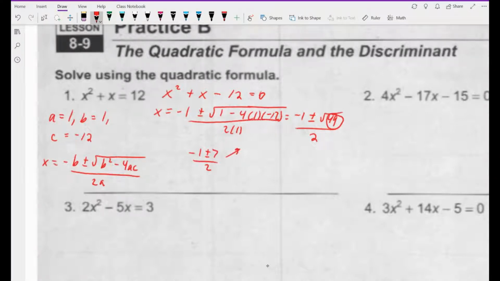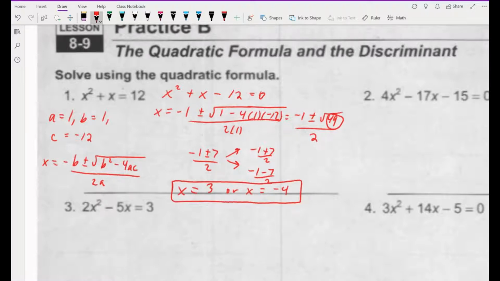This tells us we're going to have two solutions, minus 1 plus 7 over 2, and minus 1 minus 7 over 2. So we will get x equals minus 1 plus 7, which is 6, divided by 2 is 3. Or we will have x equals minus 1 minus 7, which is minus 8, divided by 2, which is minus 4. So we have two x-intercepts, two real solutions.